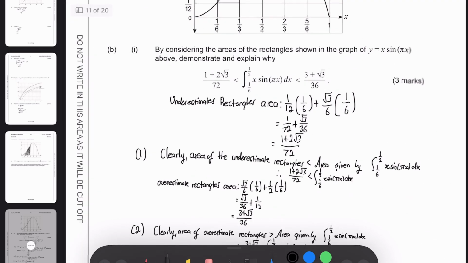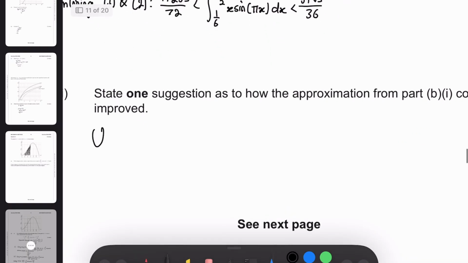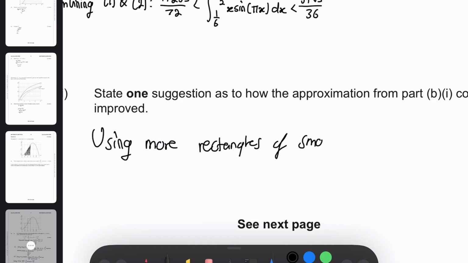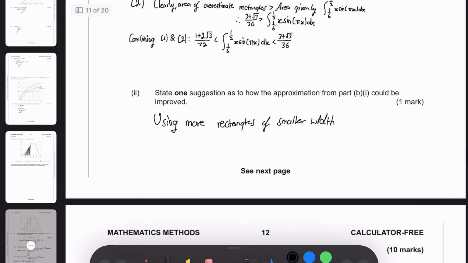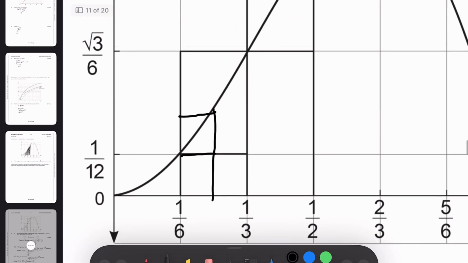Okay. Then moving on, state one suggestion on how the approximation could be improved. Okay, so then we can say using more rectangles of smaller width. Obviously, as these rectangles get smaller, then the area that they encompass will also be better.